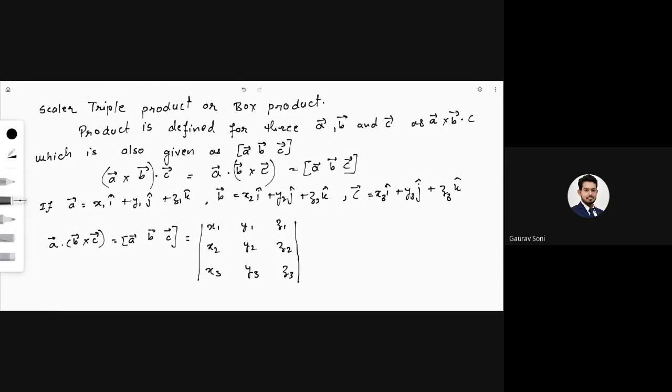And so proof of this you can tell me now if anyone can guess. How do we get this determinant?